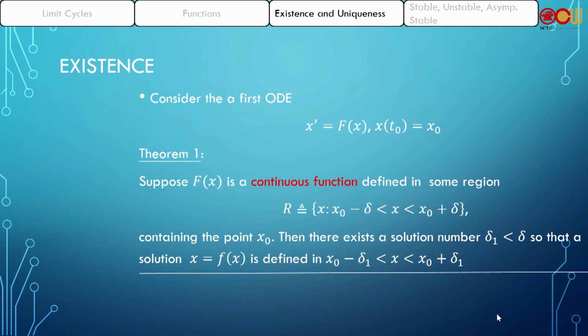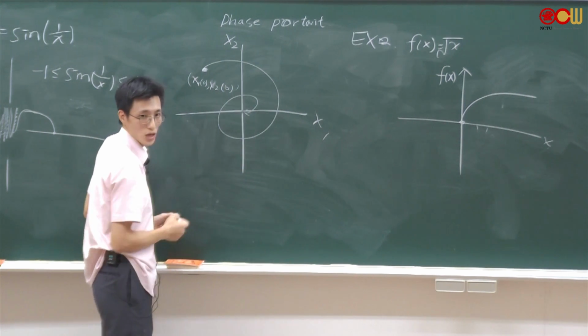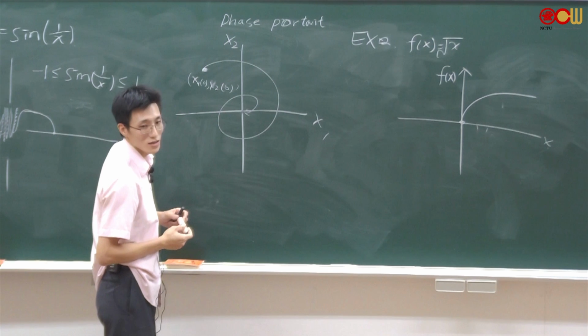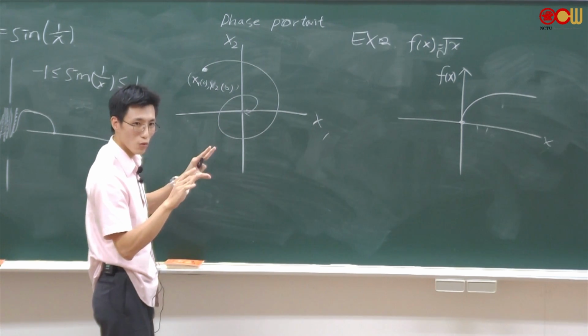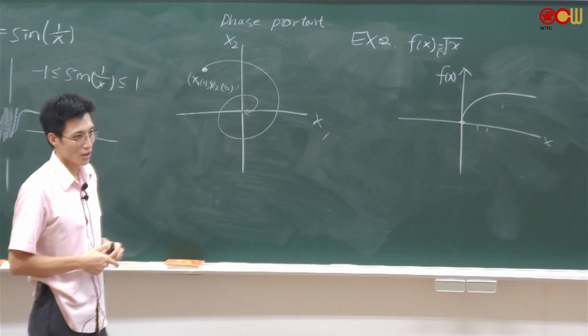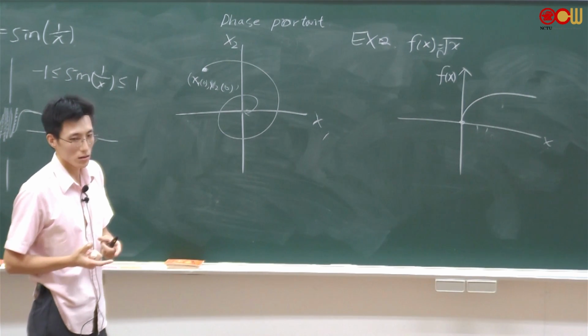But now, given this f function, we want to see if, given these initial conditions, this path is unique, or if the solution exists. We don't know the solution, but we want to tell if the solution exists, and if it exists, whether it is unique.